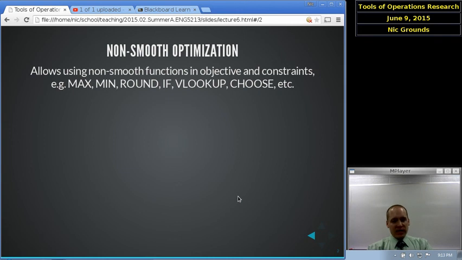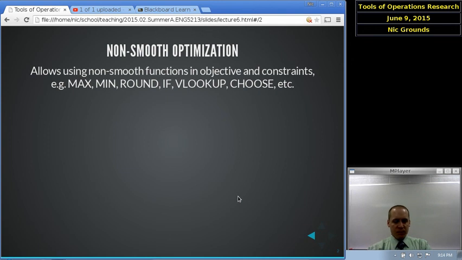Okay? That's the trade-off. So linear optimization, we're always guaranteed the globally optimal solution, but it's the most constraining. That is, every function has to be linear. Non-linear optimization is less restrictive with a little bit of a cost in that we can only guarantee local optimums, but we get to express more functions. Non-smooth optimization you can do with anything. Okay?